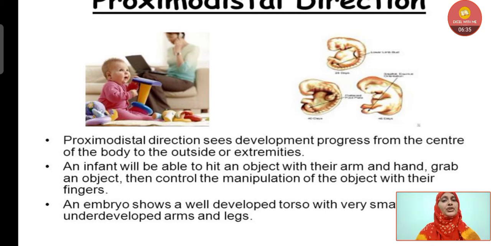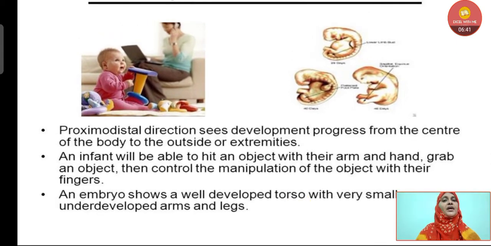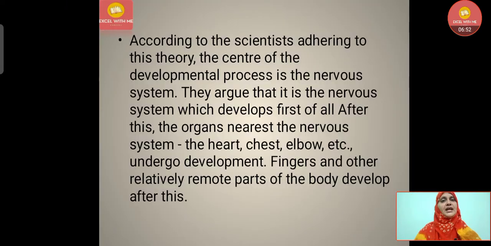An embryo shows a well-developed torso with very small underdeveloped arms and legs. So this is called proximodistal, in the sense that development happens first at the center and then in the periphery.